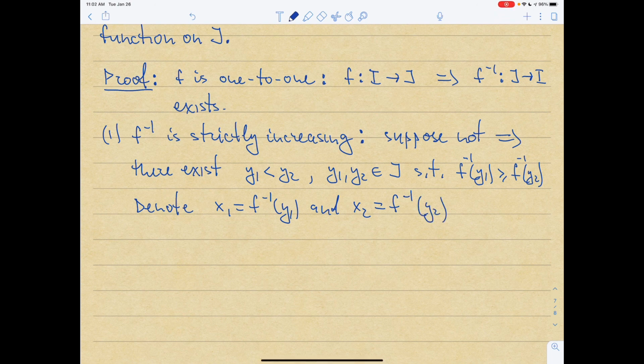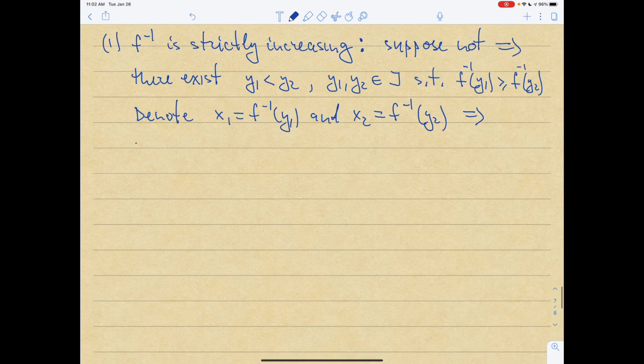Well, because f inverse of y1 is greater or equal than f inverse of y2, then we have that x1 is going to be greater or equal than x2, so this is by our assumption.